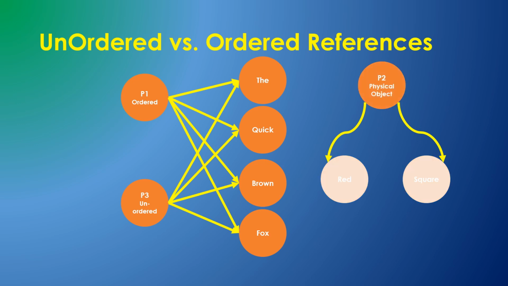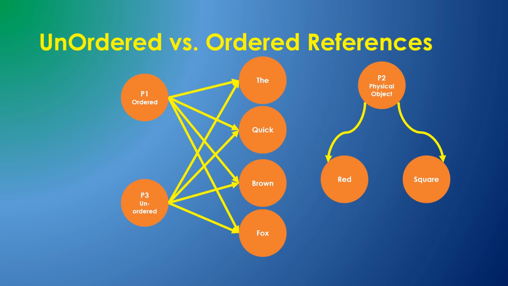P2 represents a physical object with attributes, so it makes sense that the list of references evaluates all references simultaneously. For illustration, P3 has unordered references to words, and this obviously makes no sense as all words would happen at once rather than forming a meaningful phrase.